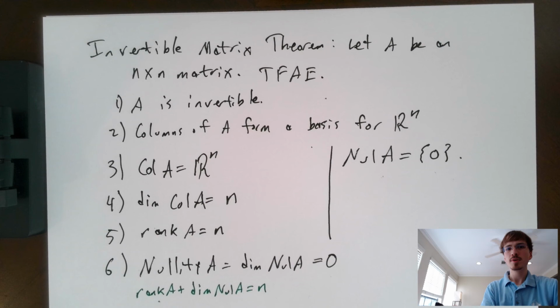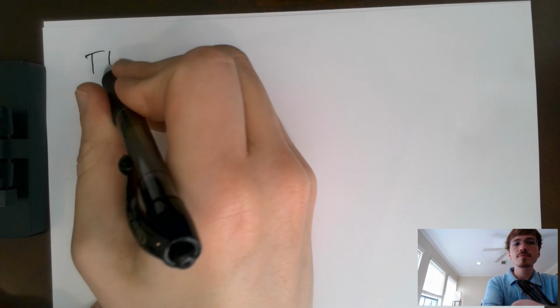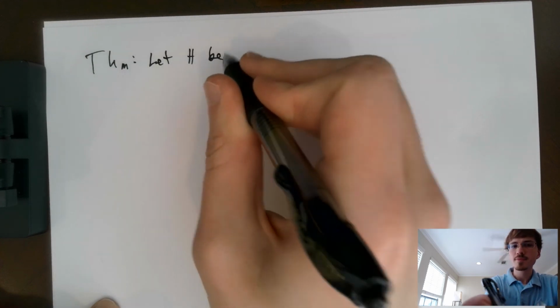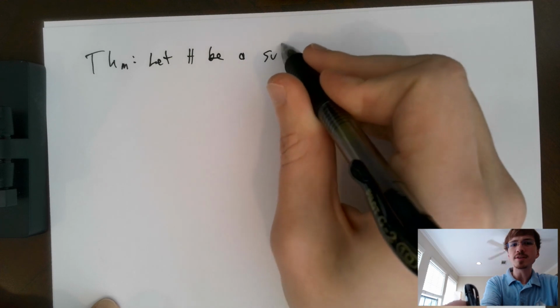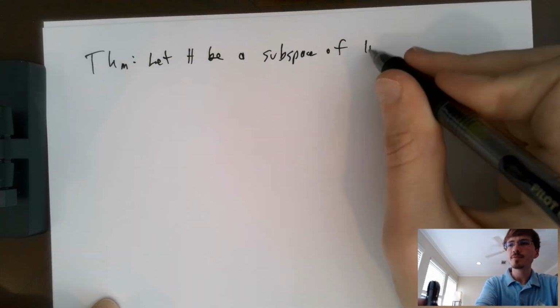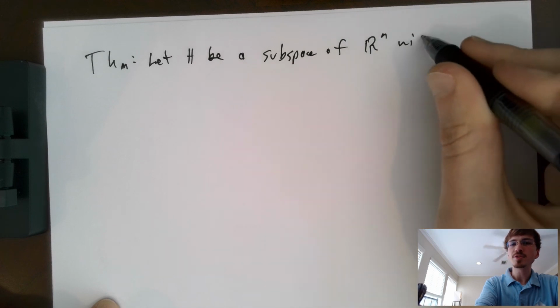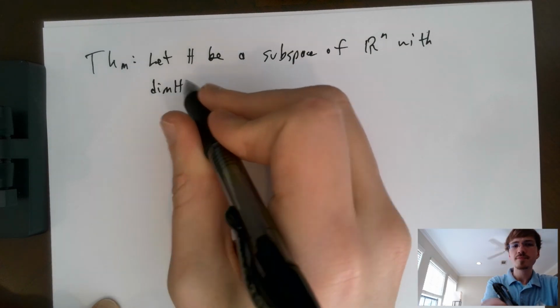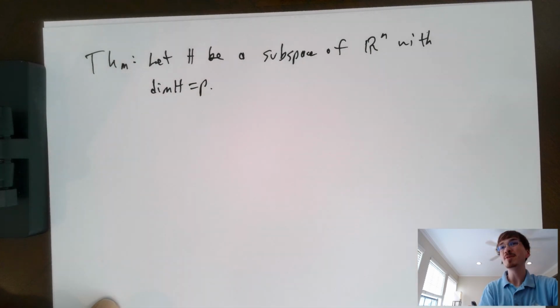Cool. Let's talk about a theorem. Let H be a subspace of Rn, and suppose this thing has dimension equal to p, some number p.